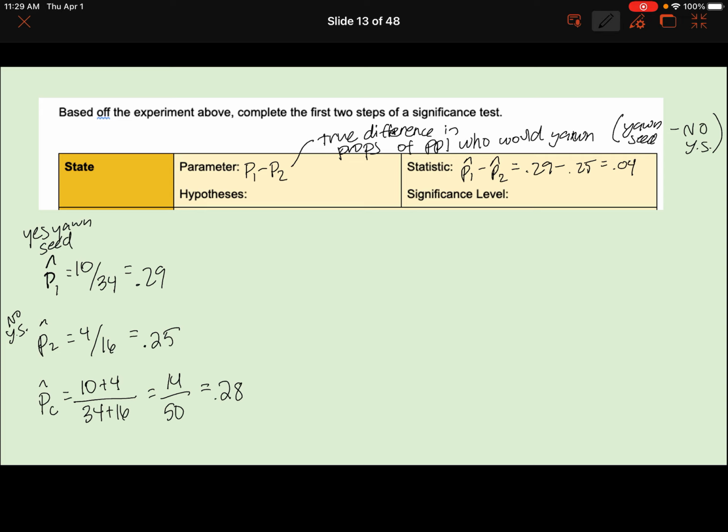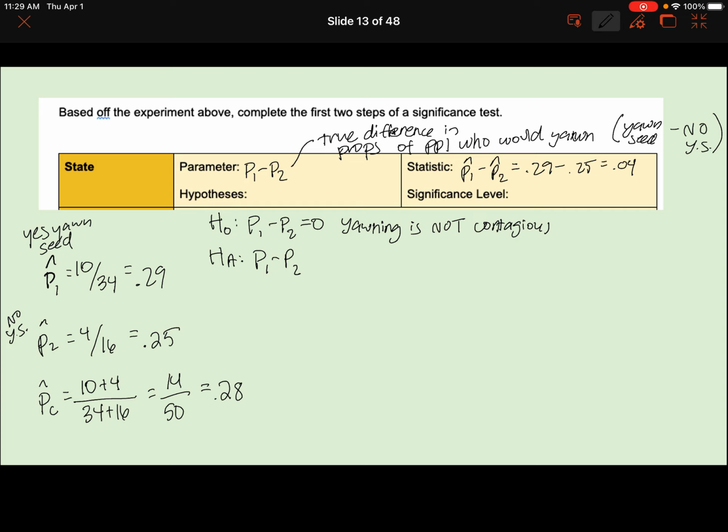All right, our hypotheses, we had these from earlier, but just so that they're all in one place. H sub 0 is that p1 minus p2 is equal to 0. And what that means is that yawning is not contagious. Your null hypothesis is always the most boring possible thing. Your alternative hypothesis is what you're suspecting or what you're trying to test for.